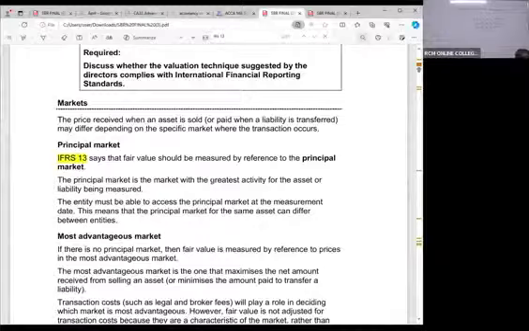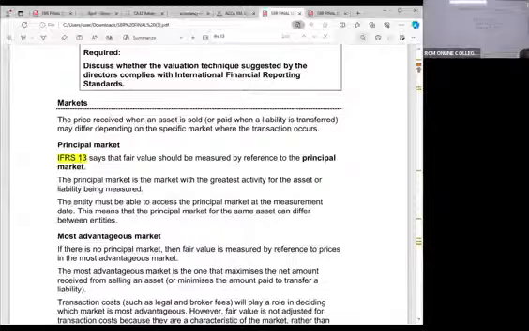The entity must be able to access the principal market at the measurement date. So at the measurement date, you go to the Nairobi Stock Exchange and see, this 31st December, how are my shares trading? This means that the principal market for the same asset can differ between entities. The prices will be different between the dates, of course.